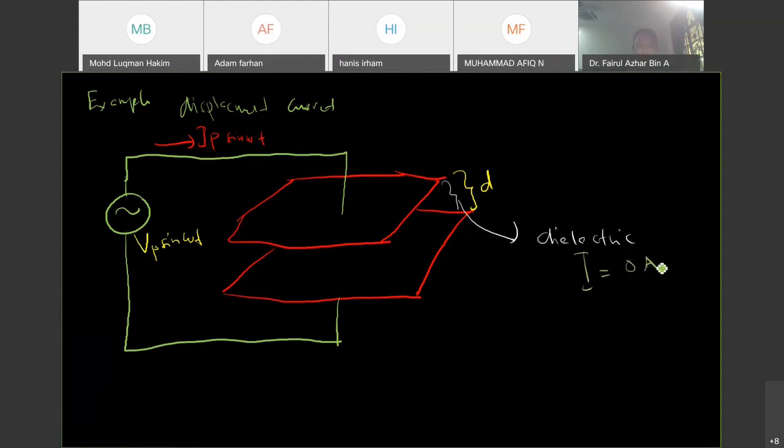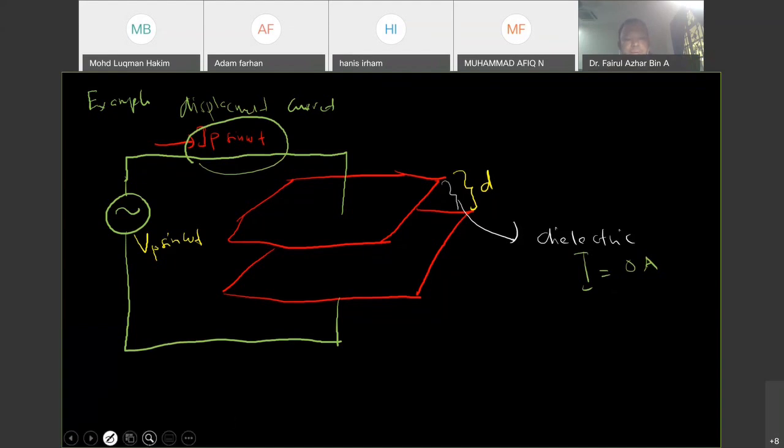Yet because we connected the plates to some value of voltage, we can measure some value of current flowing inside the conductor. How can we make this condition make sense?